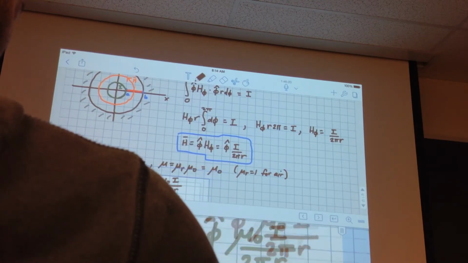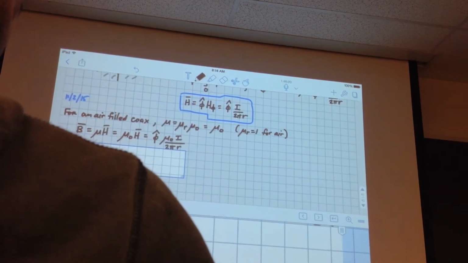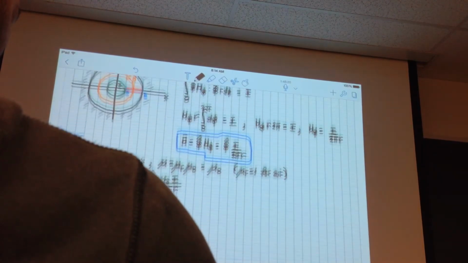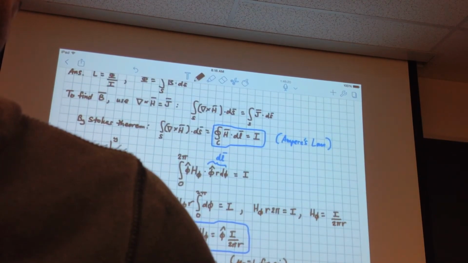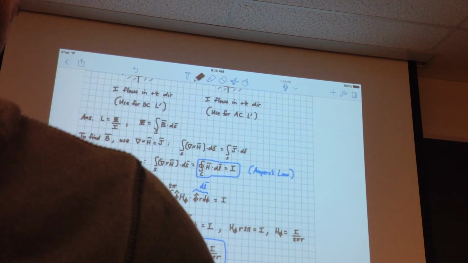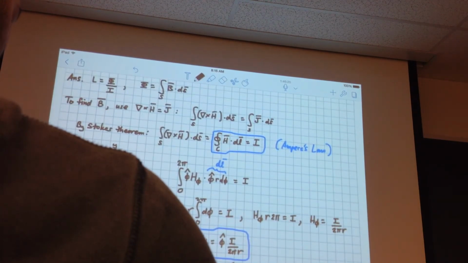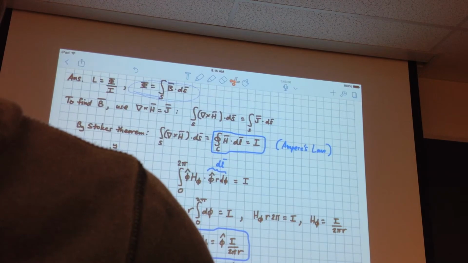Okay, and then for the magnetic flux, so once you have the magnetic field, we're halfway there, because given the magnetic field, we can now compute this flux. Okay, and this is where that other loop comes into play. We talked about there's 2 loops in this problem.